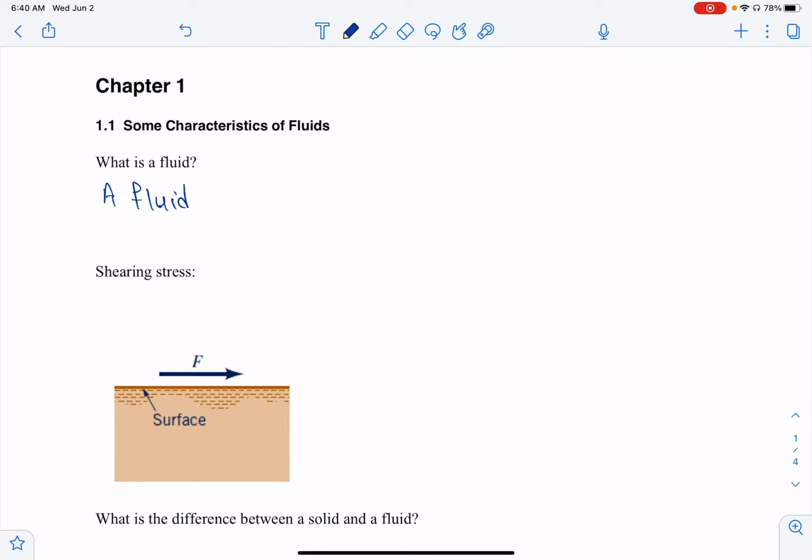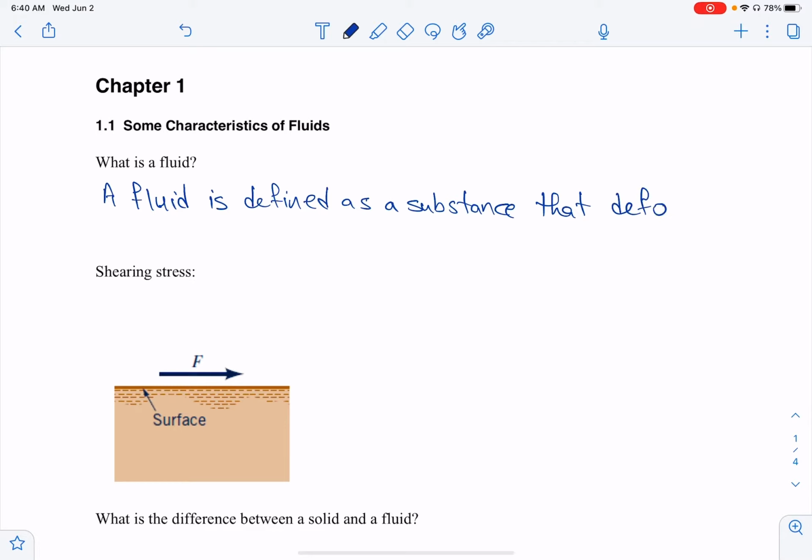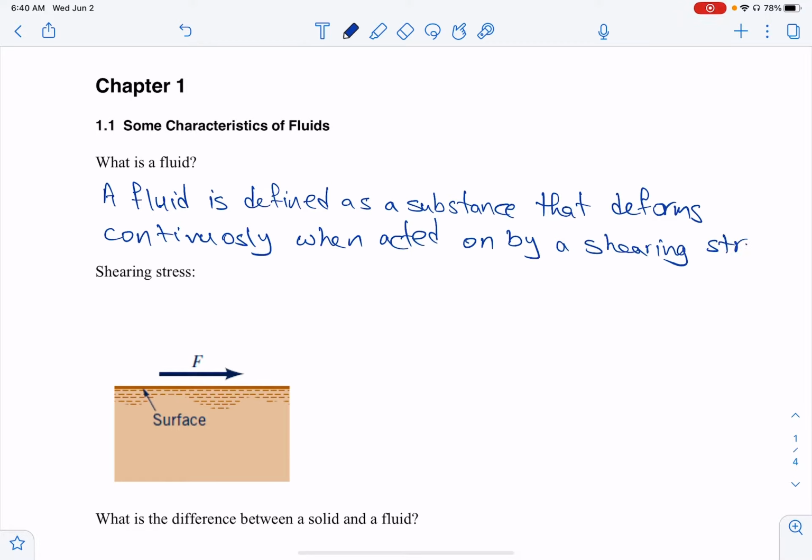A fluid is defined as a substance that deforms due to a shearing stress continuously when acted on by a shearing stress of any magnitude, right?